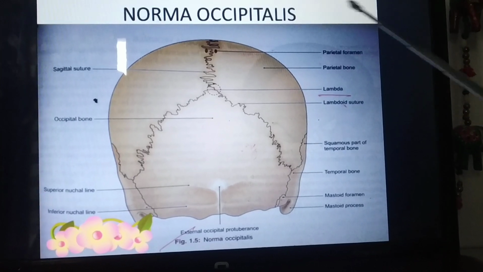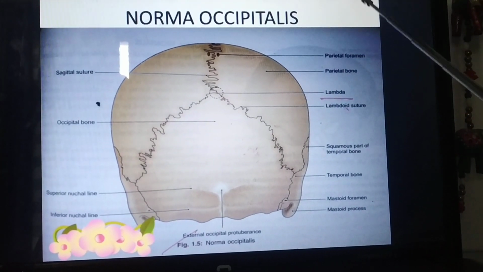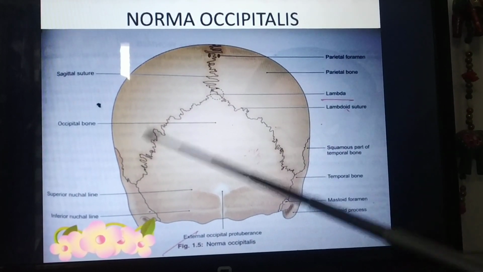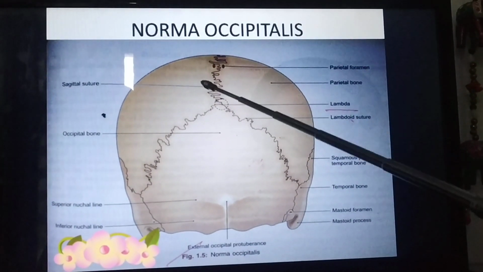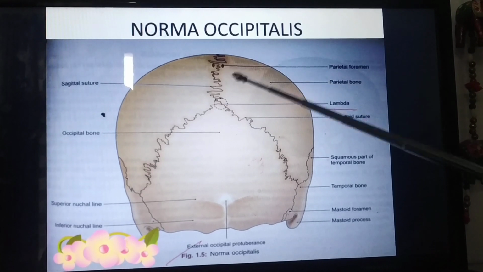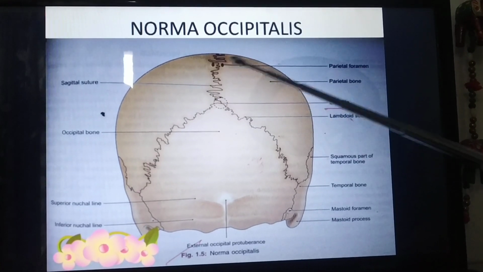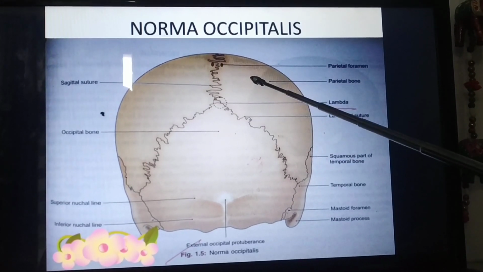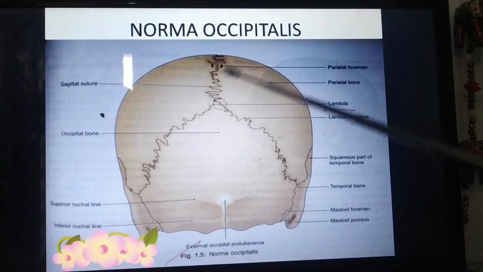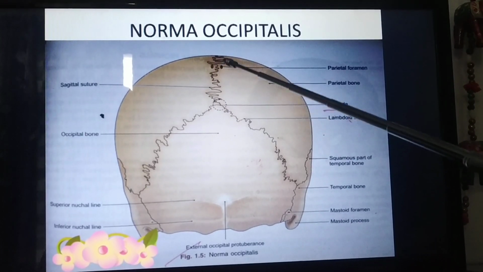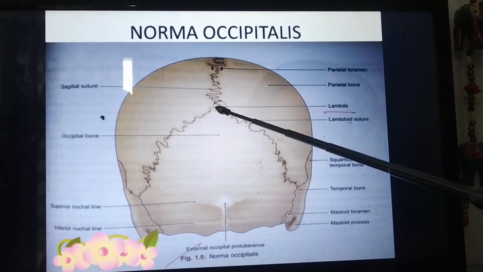Next is the norma occipitalis. That is when we see the back side of the skull. There are a number of sutures when we see over here. So let me tell you, this is the parietal bone. These are paired bones, this and this parietal bone, having two foramen over here. After that, the parietal bones combine with each other.